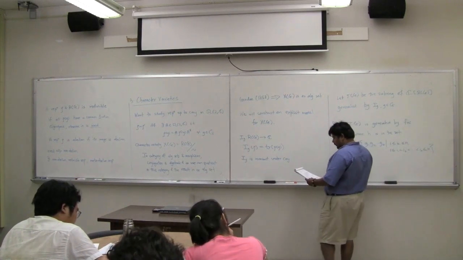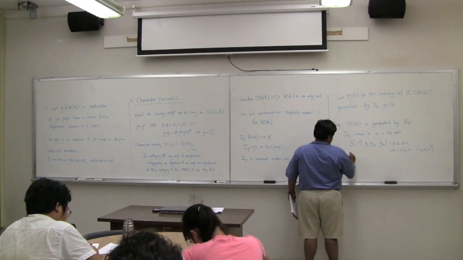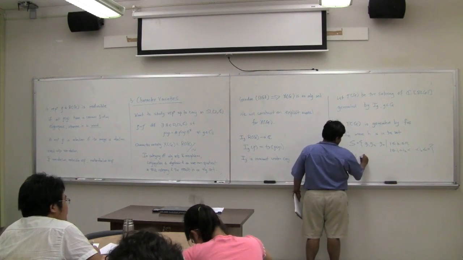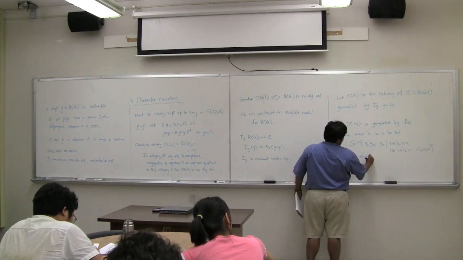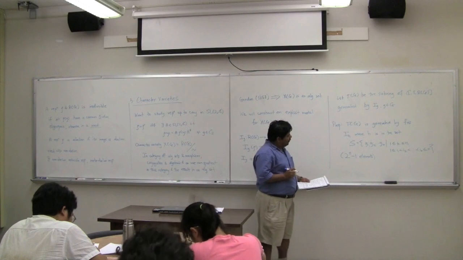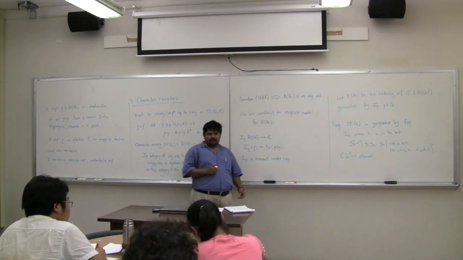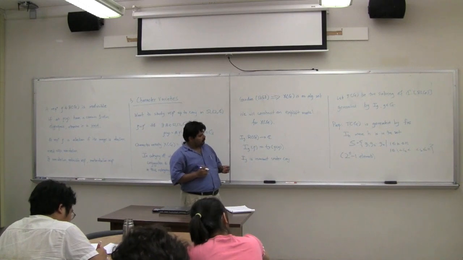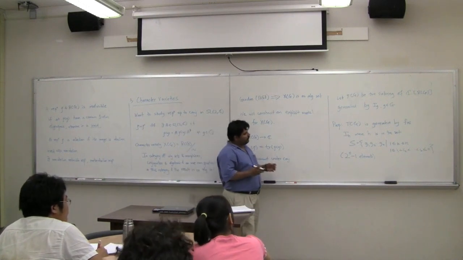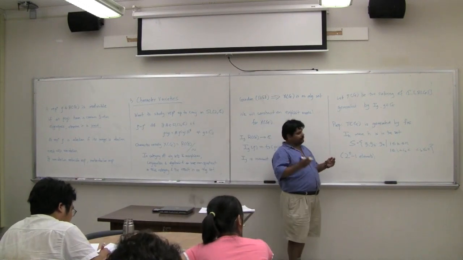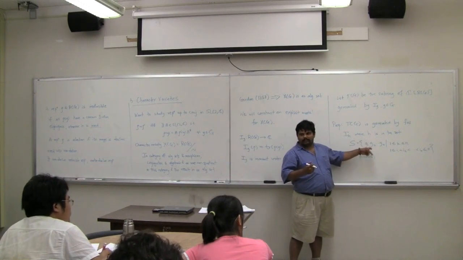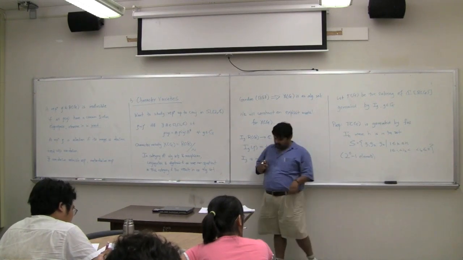So these are 2 to the power n minus 1 elements. You take traces of G1, G2, Gn, then G1 G2, G1 G3, and so on, and all sorts of products.